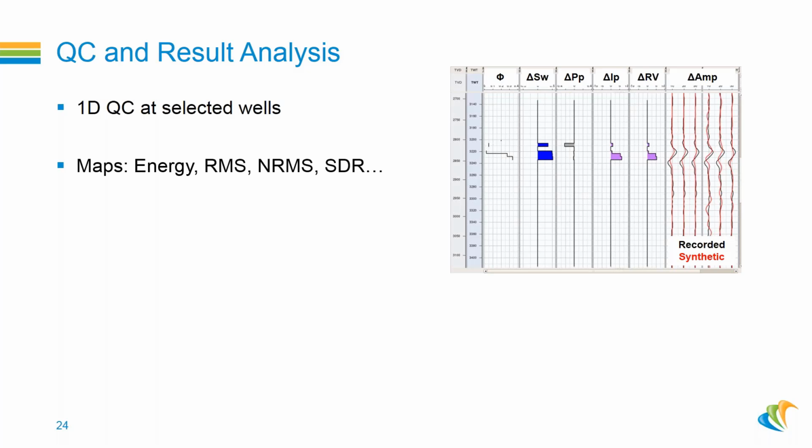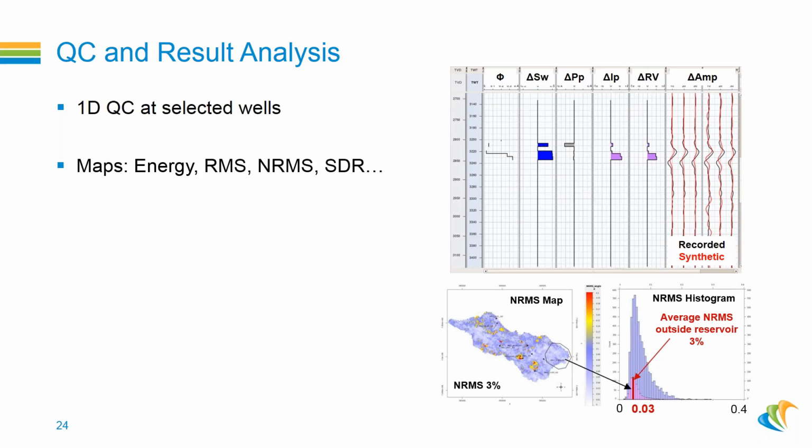You can also generate maps, for example, energy, RMS, NRMS, or signal distortion ratio maps. For example, we can create a histogram of the NRMS map from the base minus monitor. In this area, we know that there is no reservoir. I mean, the reservoir should not be affected.